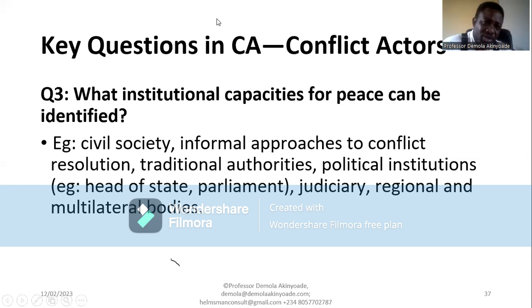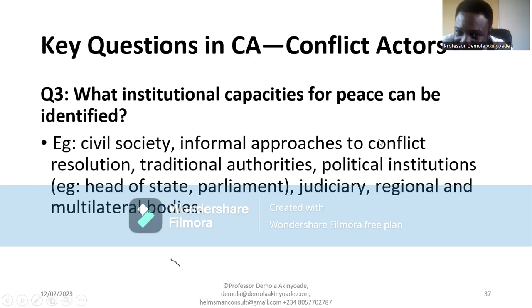Are there institutional capacities for peace in the APC, PDP, Labour Party conflicts? I expect hands up. Fashiku, do we have? Yes.